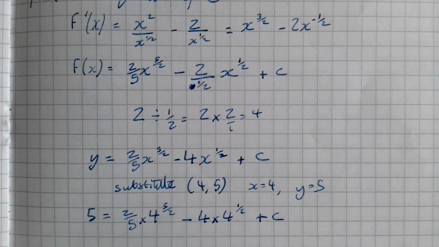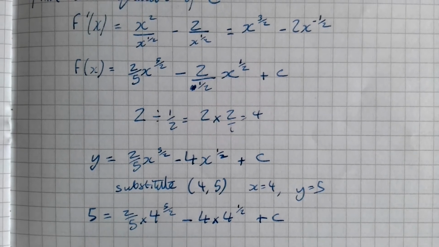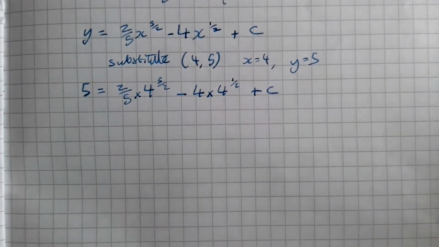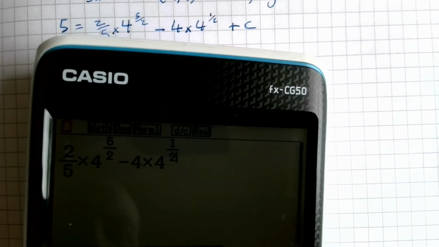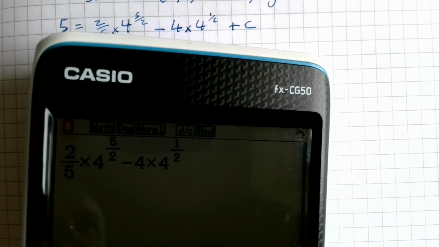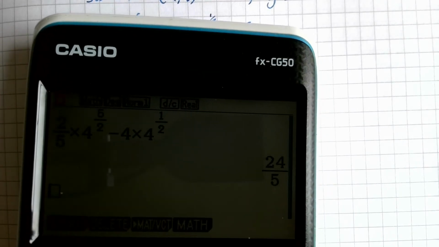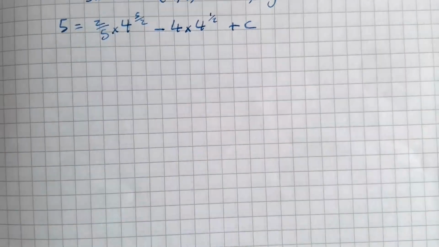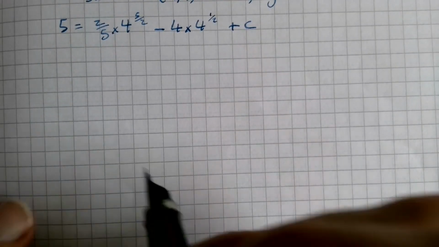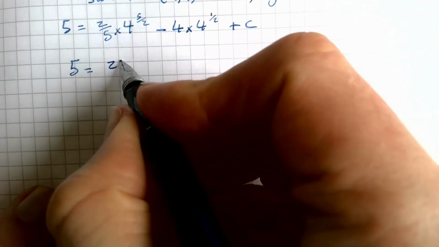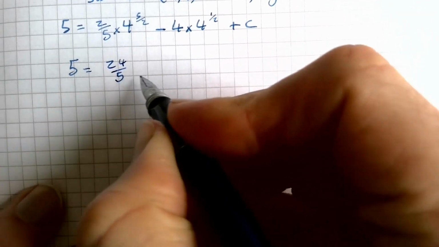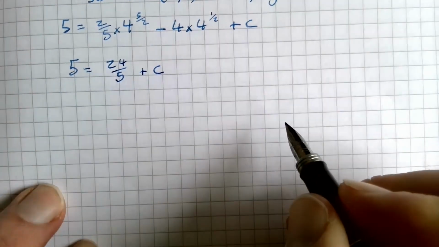Now what I would do at this point is pop this in your calculator. Press equals on that, and that gives me 24 over 5. So I can put that in: 5 equals 24 over 5 plus c.